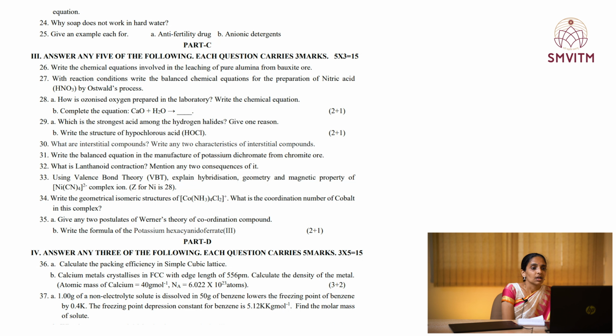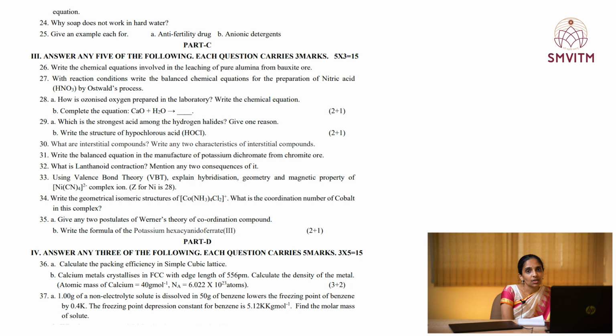28A is how is ozonized oxygen prepared in the laboratory. If you pass a slow and dry stream of oxygen over silent electric discharge, then you get ozone. Oxygen gets converted to ozone. The product is called ozonized oxygen.